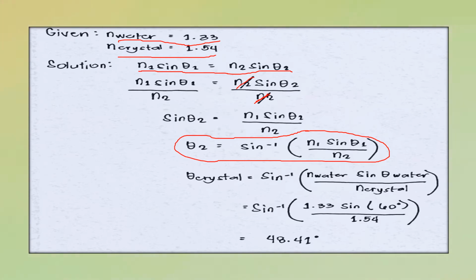Okay, so n water is equal to 1.33, sine the angle of water, which is 60 degrees, divided by the value of n crystal, which is 1.54. Now that is equal to 48.41 degrees. Okay, so the refracted angle of the crystal is 48.41 degrees.